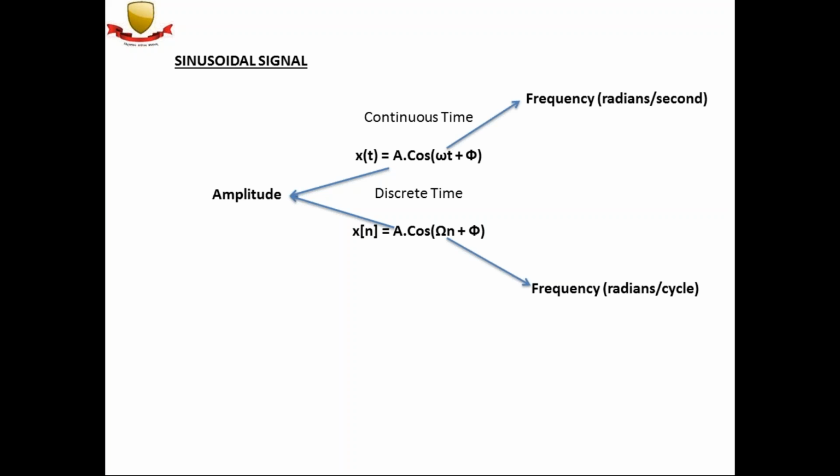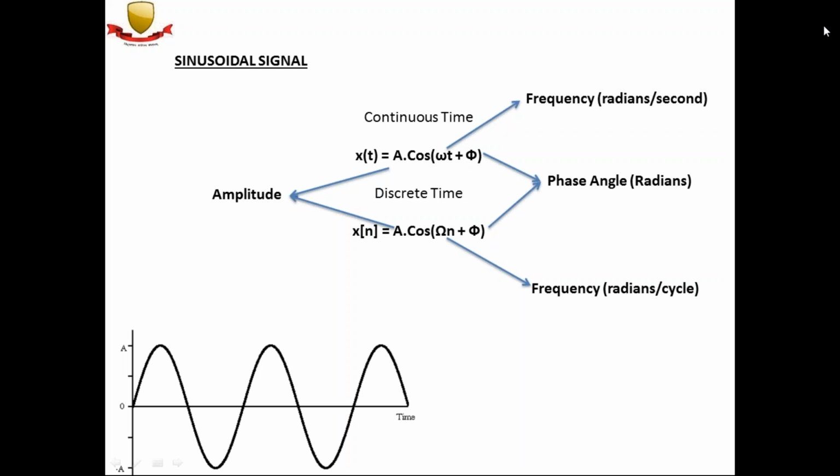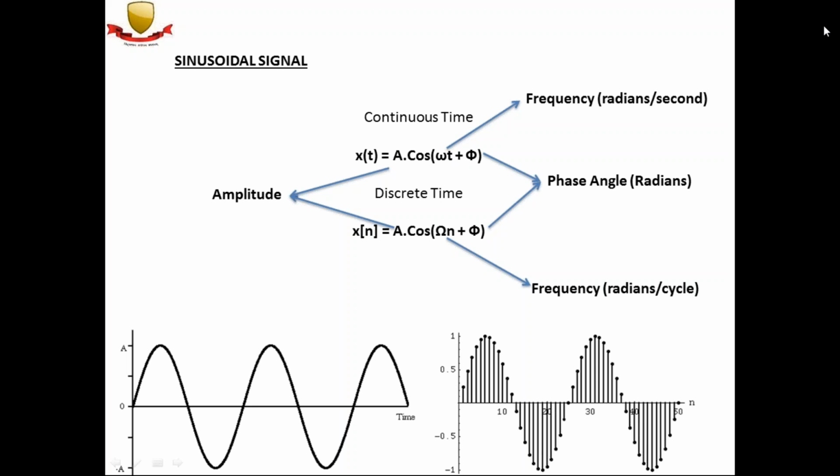In case of continuous time, it uses the unit radians per second, and in case of discrete time, it uses radians per cycle. And phi over here is the phase angle, which is measured in radians. So this is how your continuous time sinusoidal signals are generated, and similarly, this is how discrete time ones look.